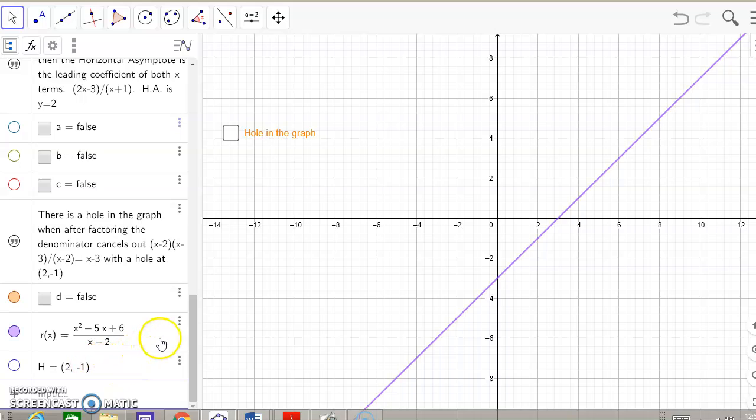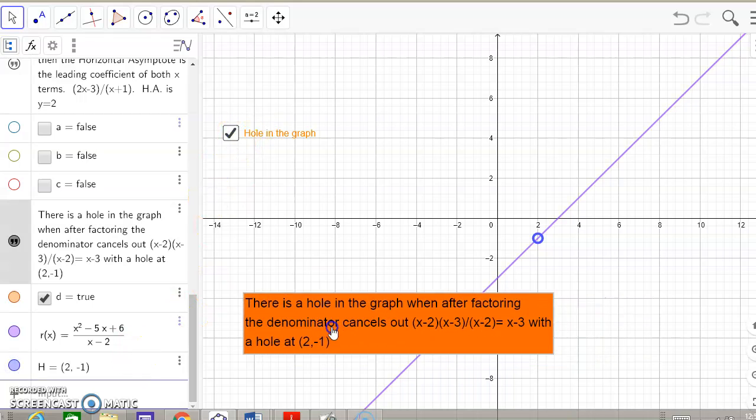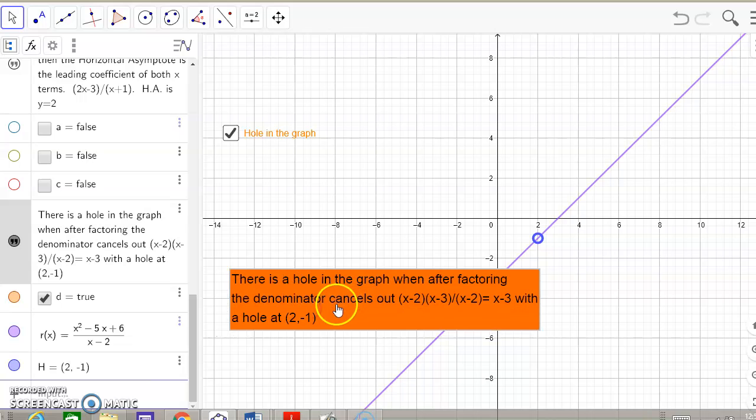If I were to factor this, I would have the quantity of x minus 3 times the quantity of x minus 2. In that case, x minus 2 would cancel out, and it would create a graph that looked like this. So, there's a hole in the graph when after factoring, the denominator cancels out.